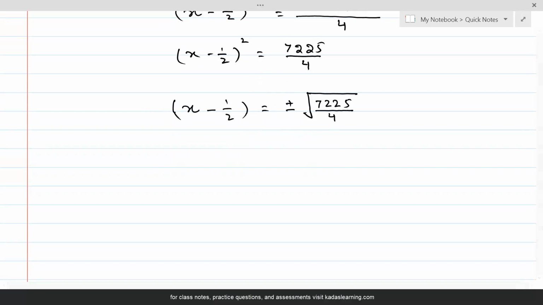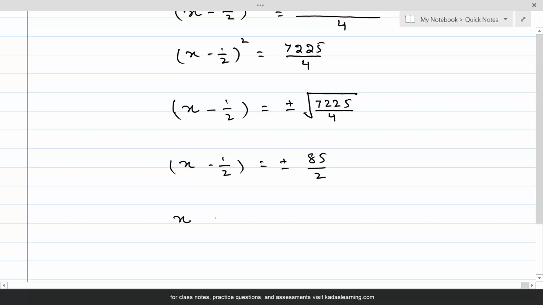And if we take the square root of 7225, x minus 1 by 2 is equal to plus minus 85 over 2. So 85 is the square root of 7225 and 2 is the square root of 4.